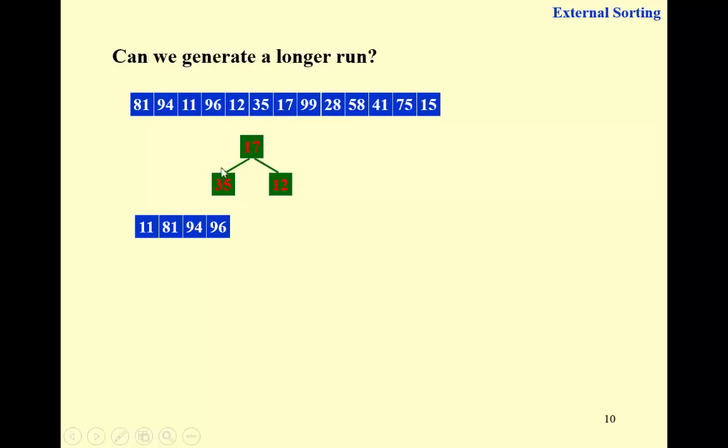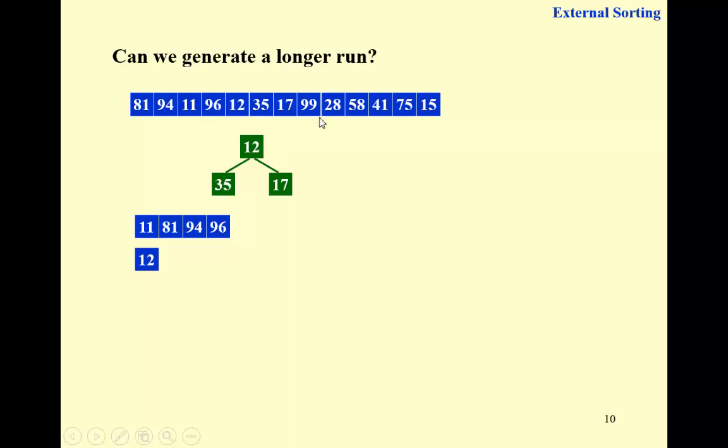And at this moment, we realize that the first run is done. So the first run contains 4 elements. And all those elements currently inside this heap belong to the same run. Now let's adjust it into another min heap. Now continue to output 12.